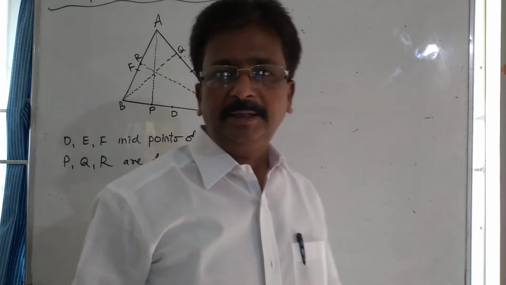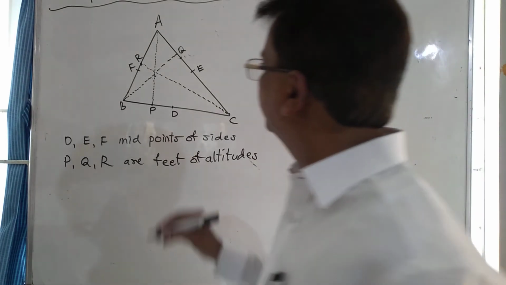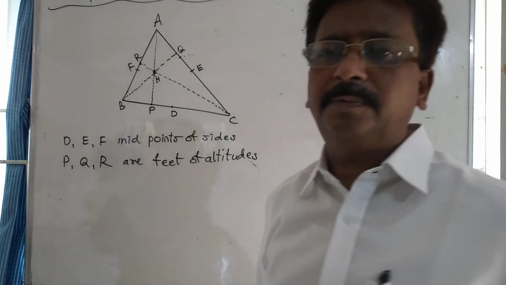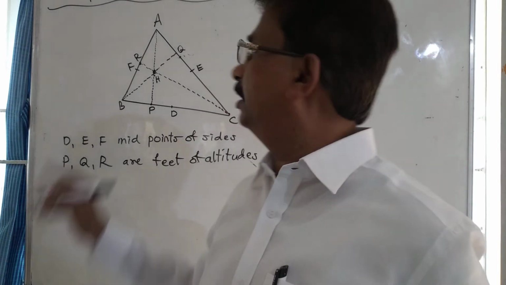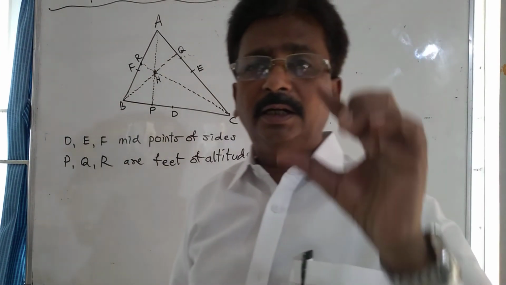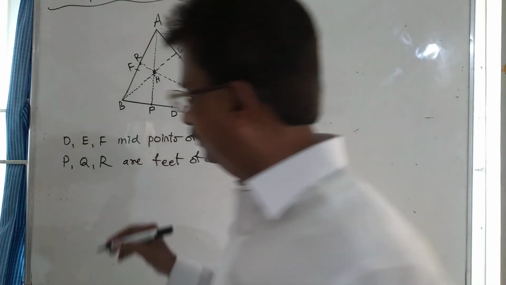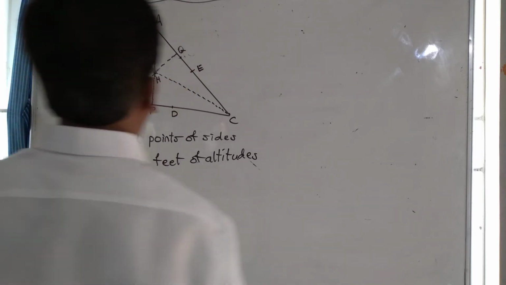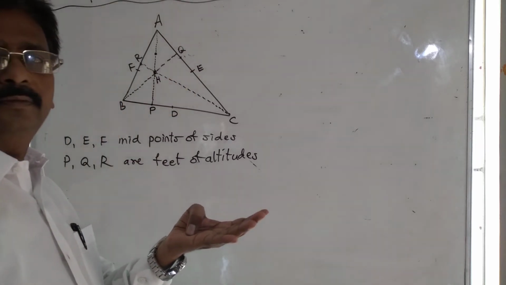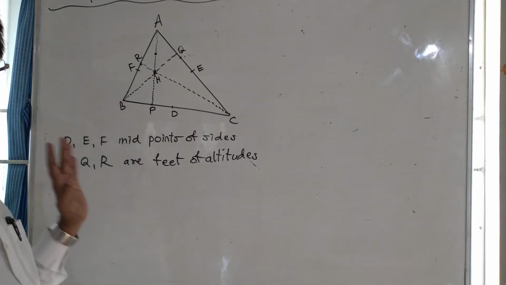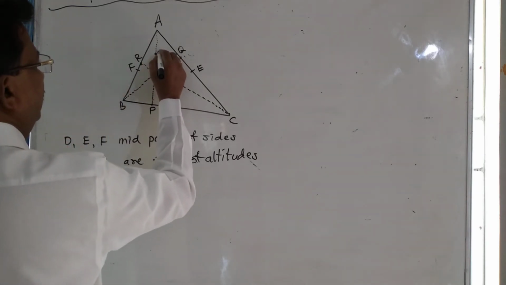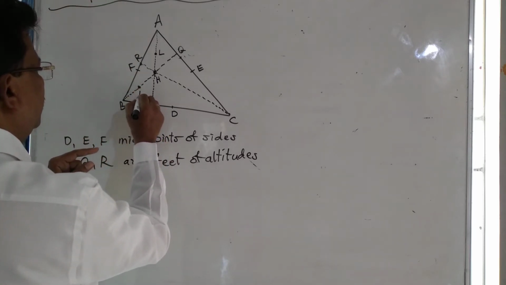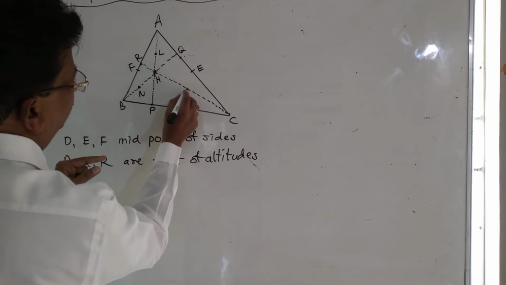Okay, 6 points over. Next, the other 3 points. This is the orthocenter. So the concurrent point of the altitudes is called the orthocenter, H. Now, identify the midpoint of AH. So what letters? Let us apply L, M and T. L is the midpoint of HA, M is the midpoint of BH, T is the midpoint of CH.